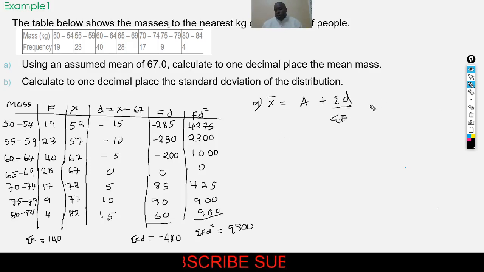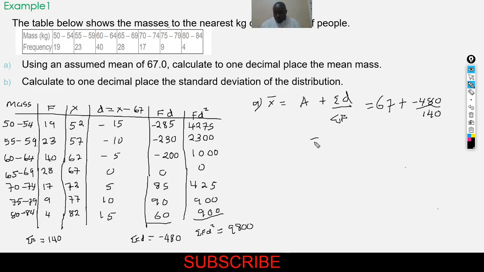So if I use it, the assumed mean is 67 plus summation of D, which is negative 480, all over 140. That was our frequency summation.